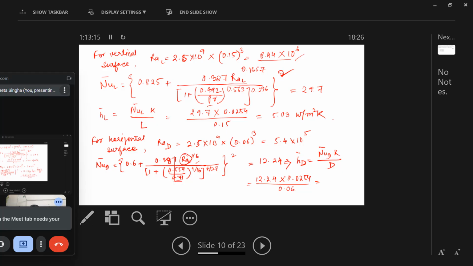So this comes to be around 5.18 watt per meter square Kelvin.